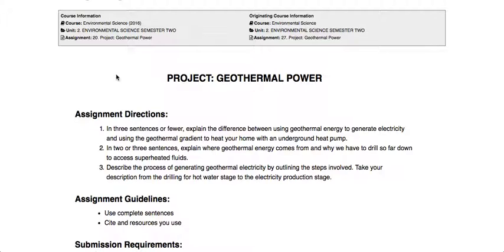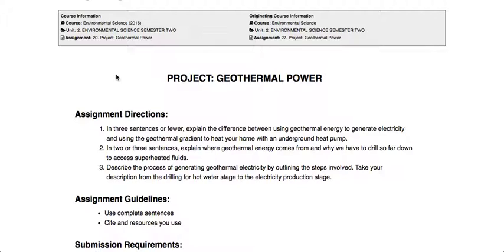And then finally, describe the process of geothermal electricity by outlining it. You can do this through bulleting, a numbered process, or a flow chart, whatever's easiest for you and helps you understand this. You're going to want to talk about your production well, starting from the reservoir, going all the way up through the rotational energy that's required to turn a turbine, and then setting up a transformer to move that energy through power lines into homes and businesses.